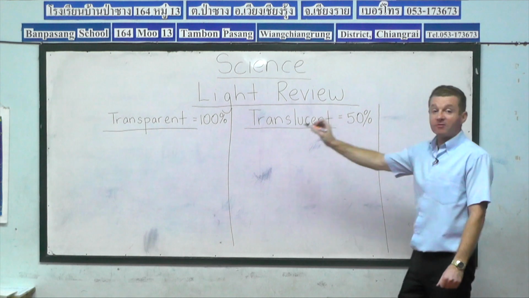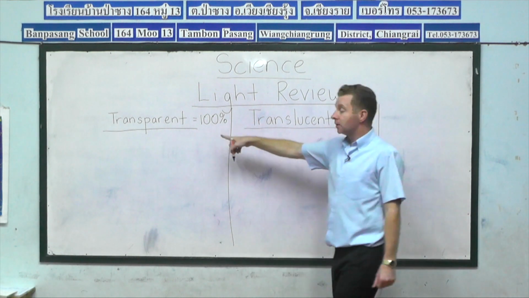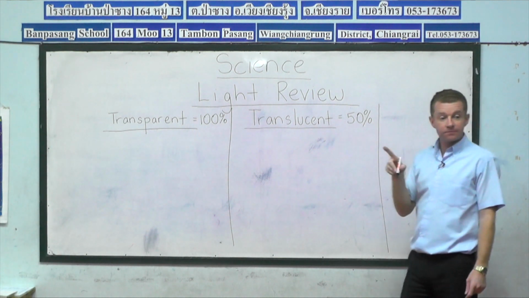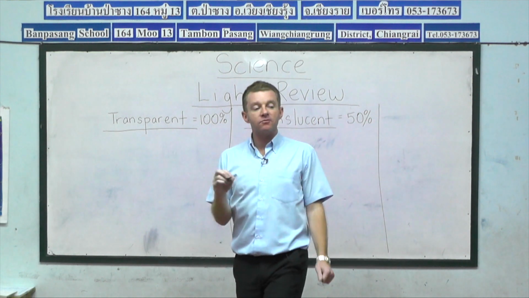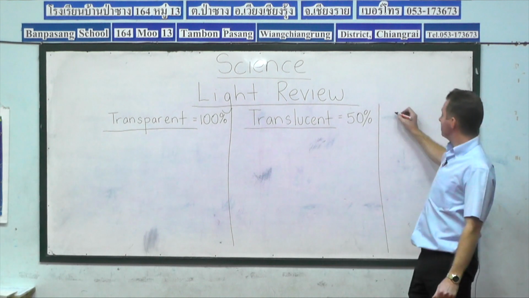So we've got transparent, 100%, translucent, 50%. But what about objects that don't allow light to pass through? Opaque. Excellent. Very well remembered.